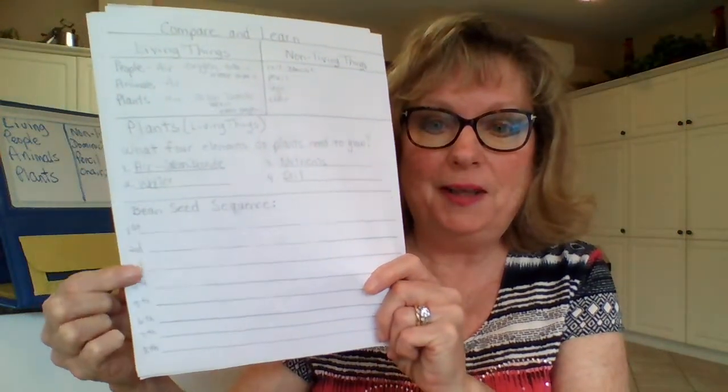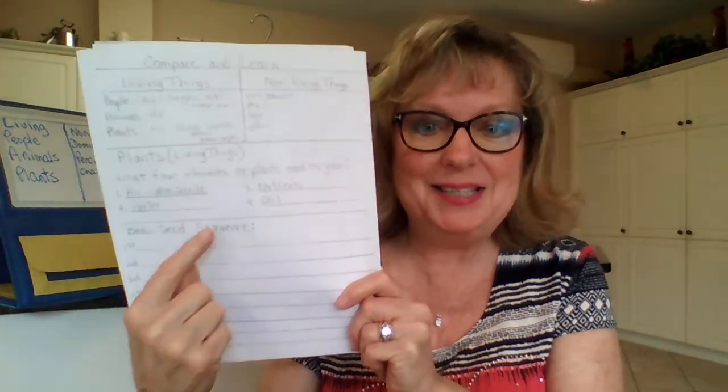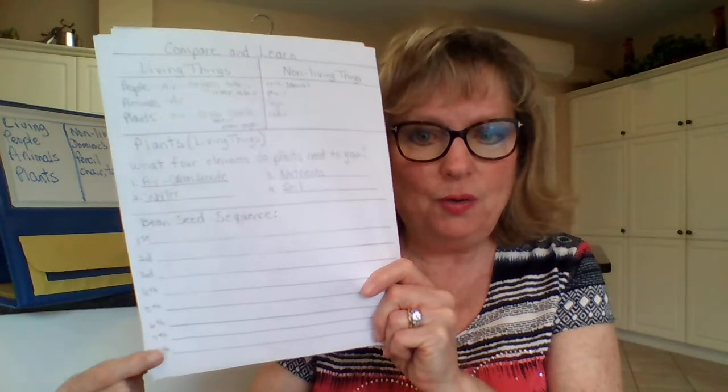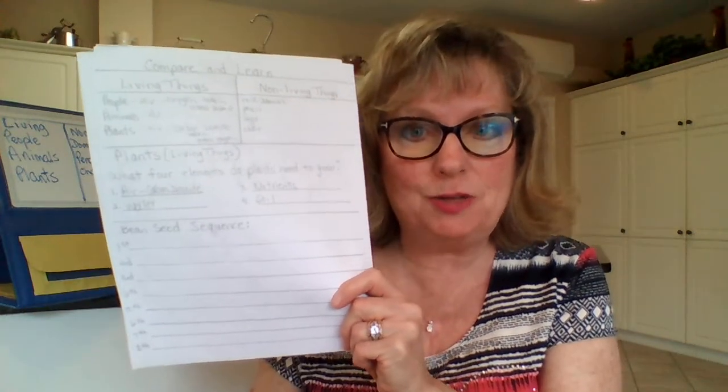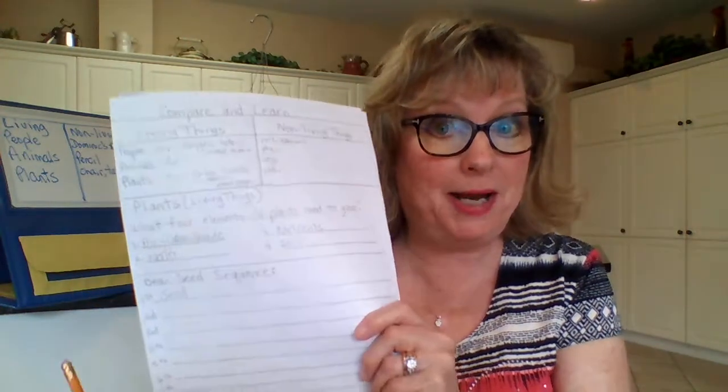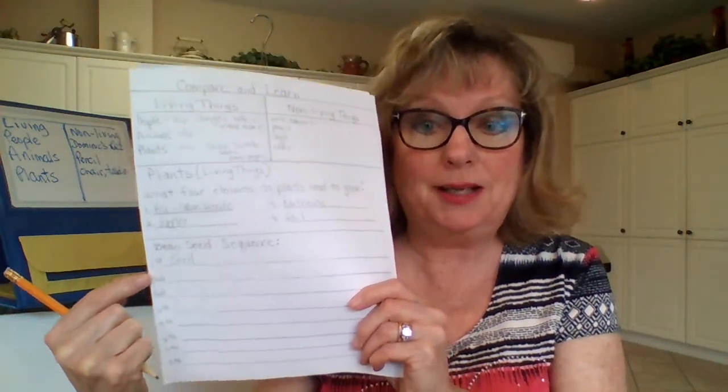Now at the bottom of our worksheet here, this is the bean seed sequence. So far, and to the bottom, which hasn't happened yet, but let's write down what we have seen so far, okay? So the first thing we did when I had you open up that baggie that day, there was a seed inside. So on the first line, and you're going to notice I'm using our math ordinal words, okay?